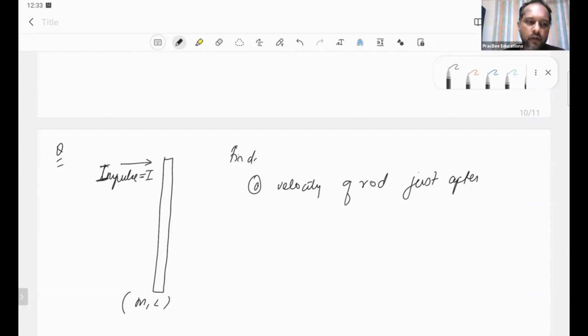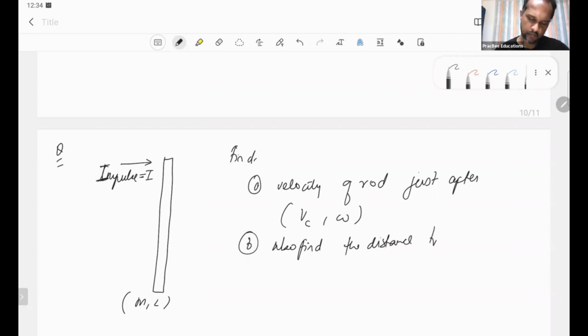Find the velocity of rod just after, meaning VC and omega of the rod both. Also find the distance traveled by center of mass by the time it completes one rotation.